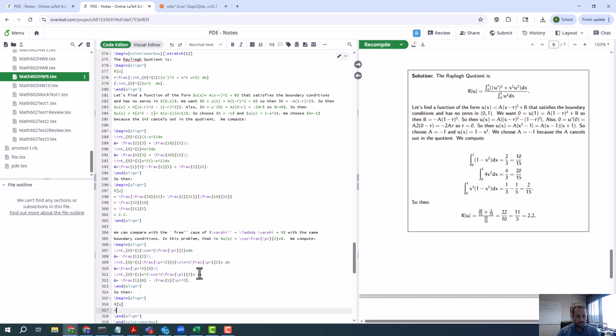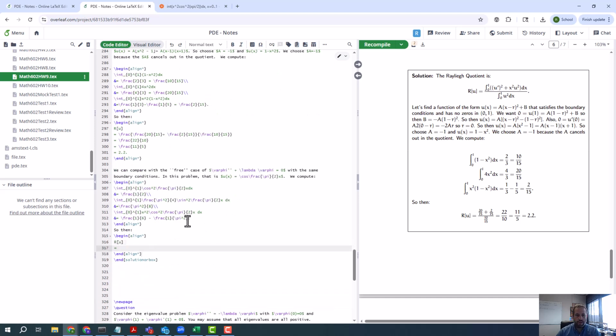So R for this u is going to be equal to pi squared over 8 plus 1/6 minus 1 over pi squared, and we're going to divide this by 1/2.